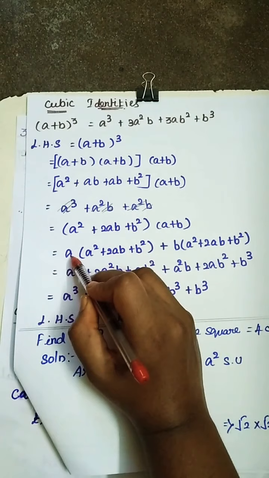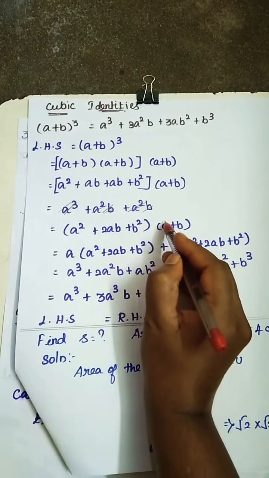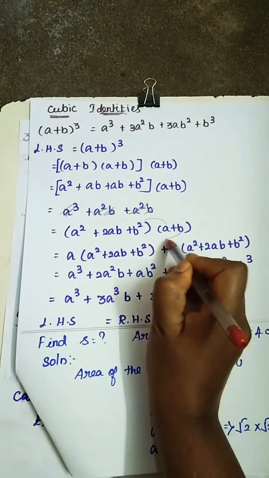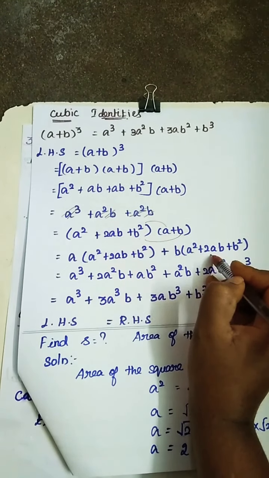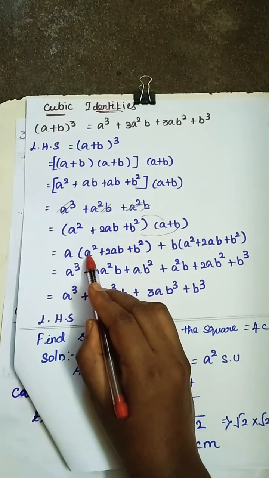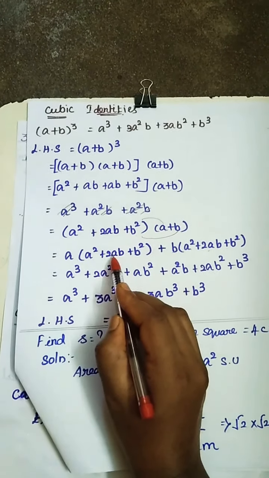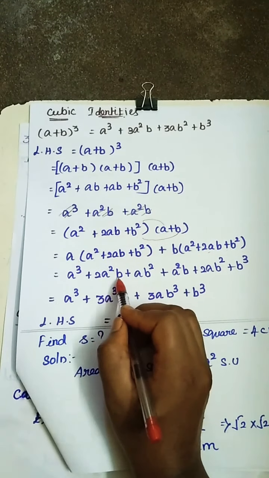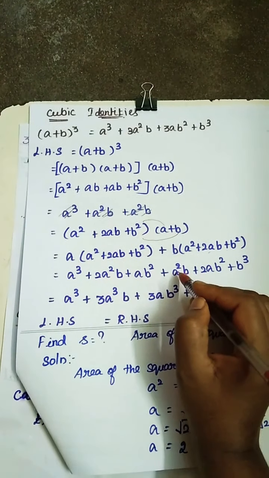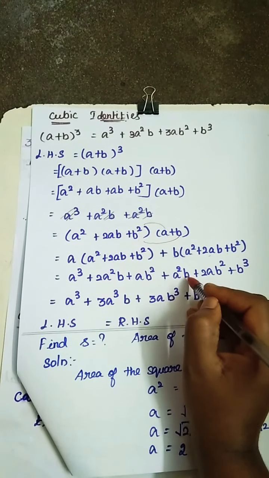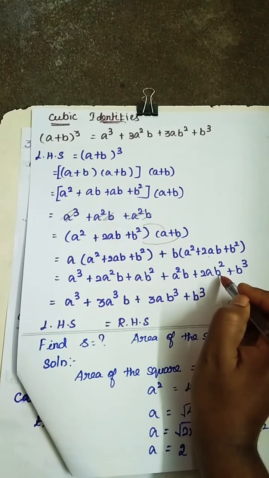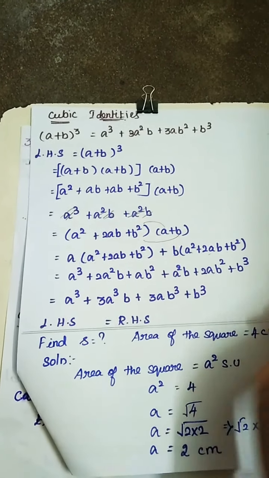Listen, first taking a into (a square plus 2ab plus b square) plus b into (a square plus 2ab plus b square). a into a square means a cube, plus 2a square b, plus ab square, plus a square b, plus 2ab square, plus b cube.